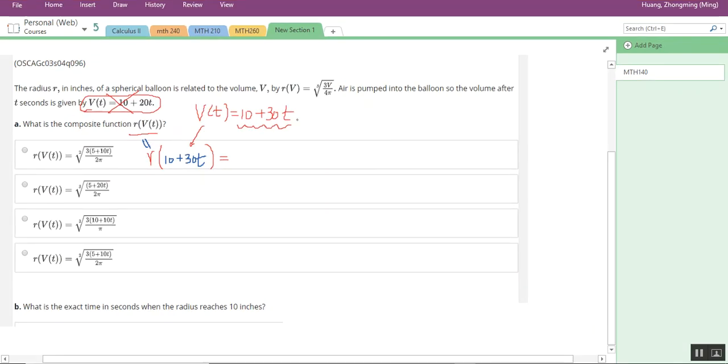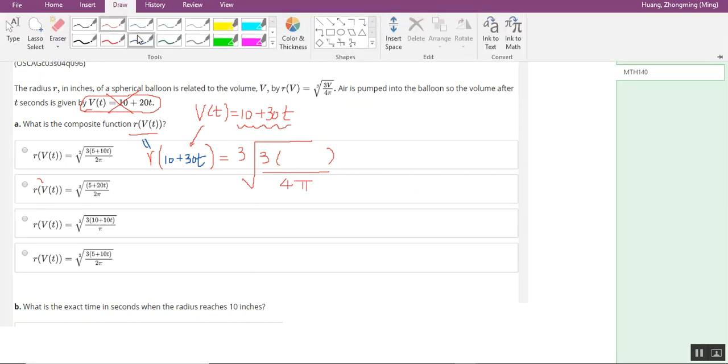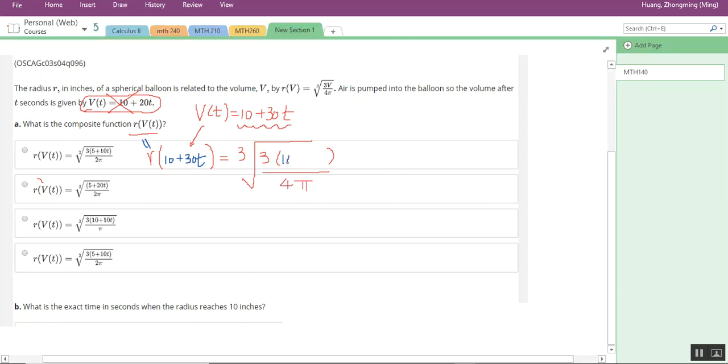So with that, how do I evaluate this one? I'm gonna say R of 10 plus 30t. So what I see is 10 plus 30t. So I'll plug that in, substitute that inside of V. So this is what I would do. So 10 plus 30t. That's how substitution should be done.